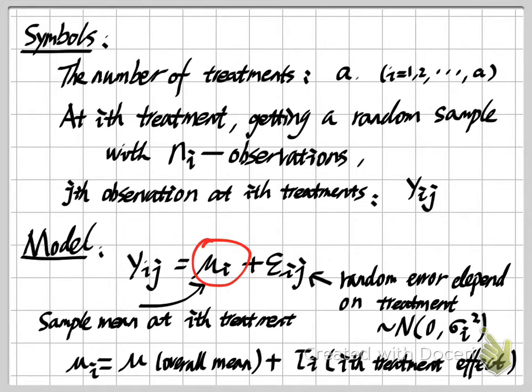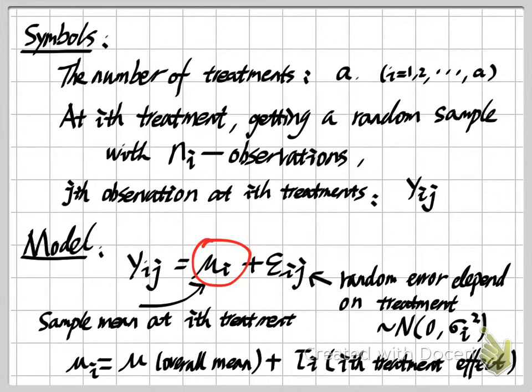So the first question we can play with our data is to test whether this mu i is the same or changes or varies by the treatment. So of course, this is something about hypothesis testing.